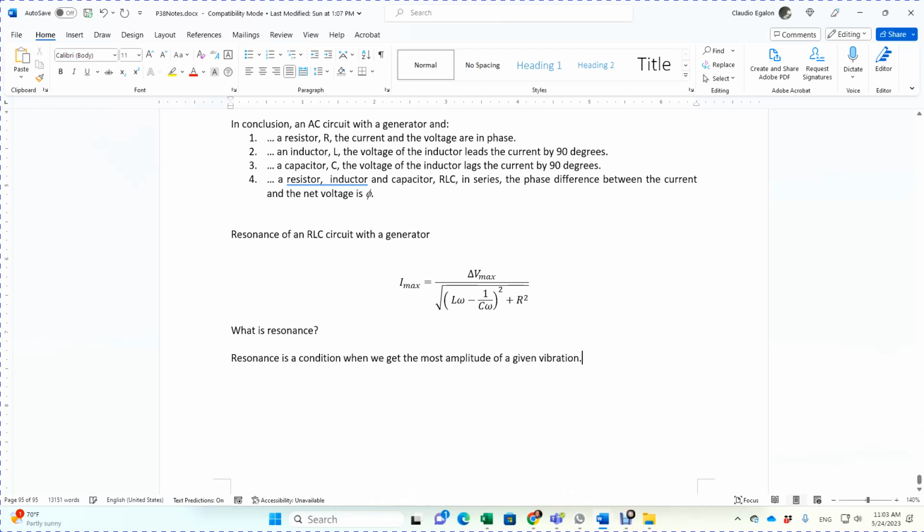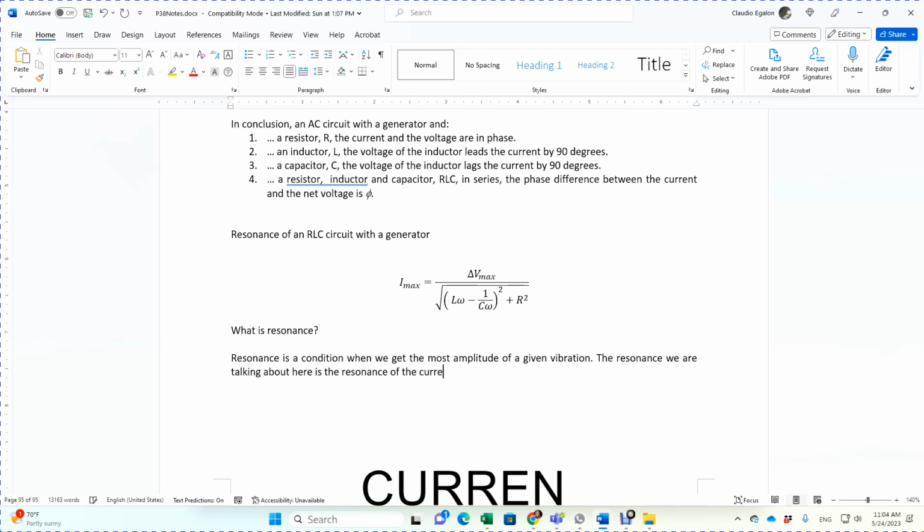The resonance that we are talking about here is the resonance of the current in the circuit.